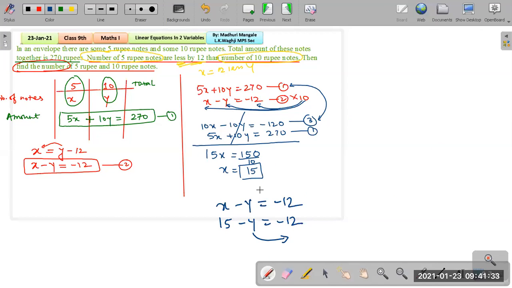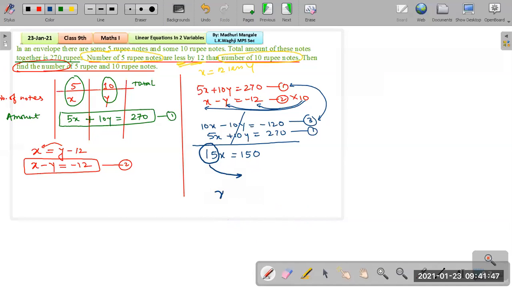Just a minute, students. We were supposed to divide by, just a second, 15 shifts to that side. That would be x equals 150 divided by 15. What is x? So x is 10. And now substitute it in the second equation.